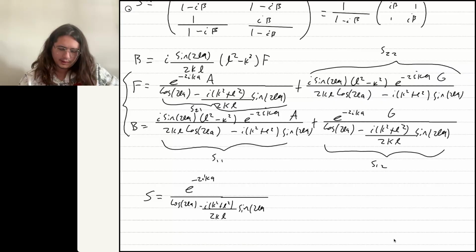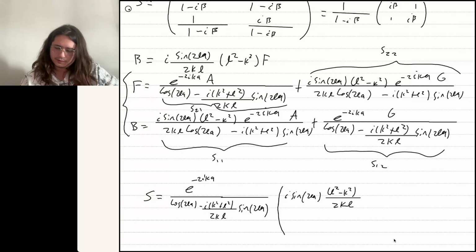But then the S11 term also has a sine function multiplying it, so an i times sin(2la), and also times (l squared minus k squared) over 2kl multiplying it.